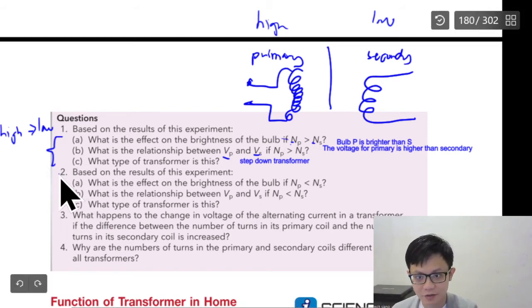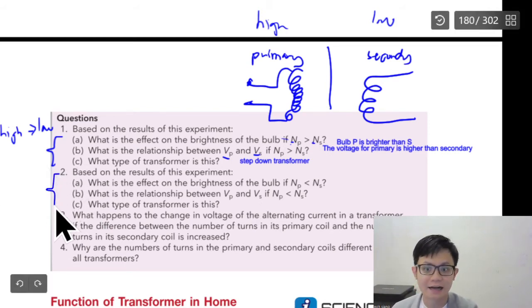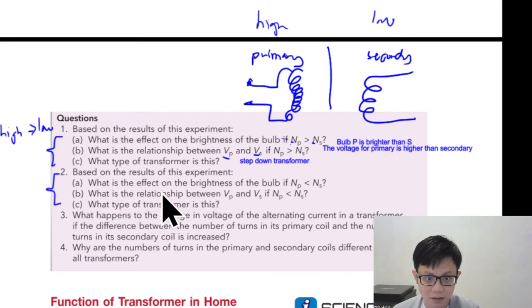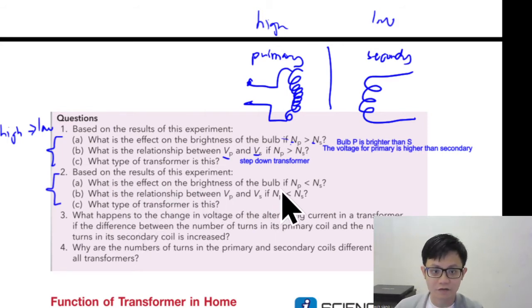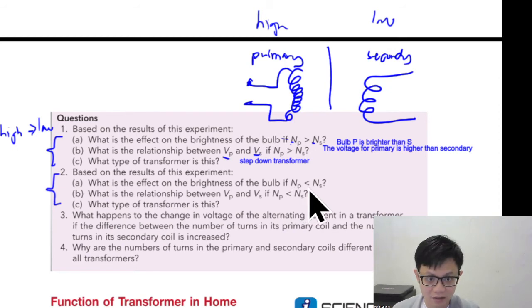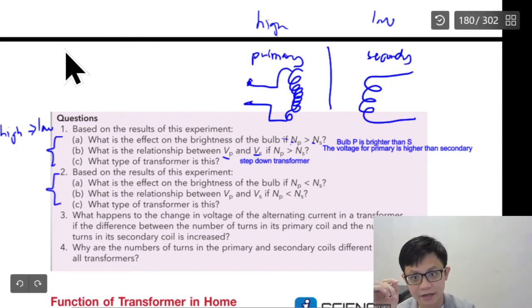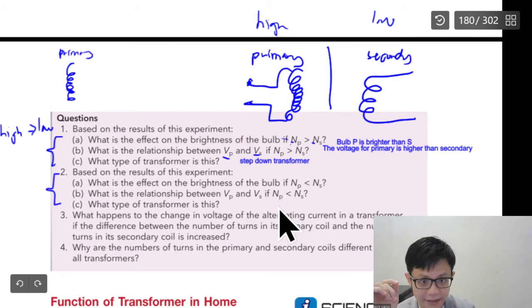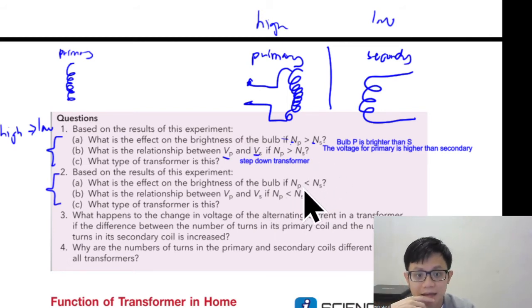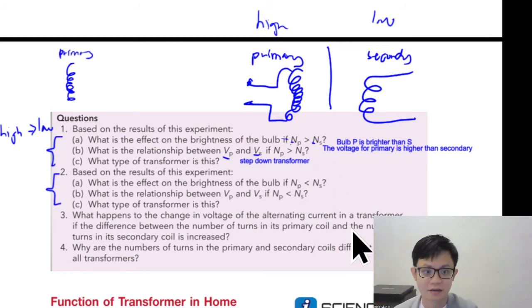For this question, before I do it, you must first have a rough idea. Wait, let me read. What is the effect on the brightness if NP is smaller than NS? It means the number of turns in the primary is less than in the secondary.